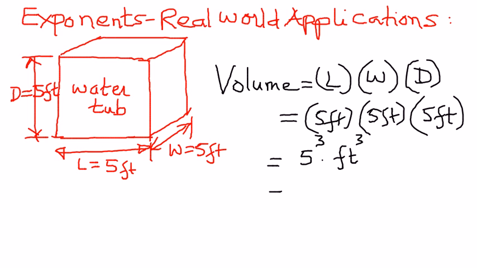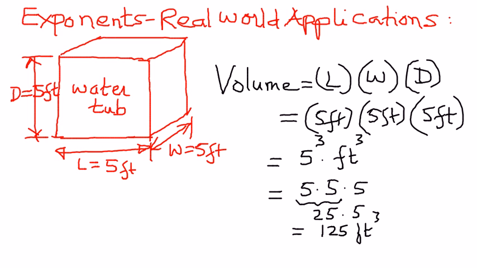We know from our basics that the base term needs to be repeated the number of times the exponent is indicating. So if we were to expand it out, it is 5 times 5 times 5. 5 times 5 is equal to 25, and 25 times 5 is equal to 125 cubic feet.